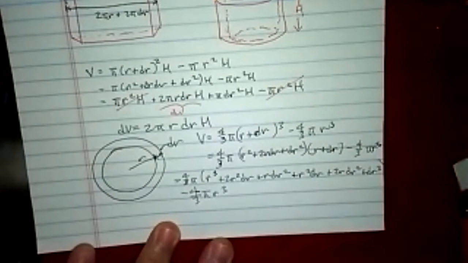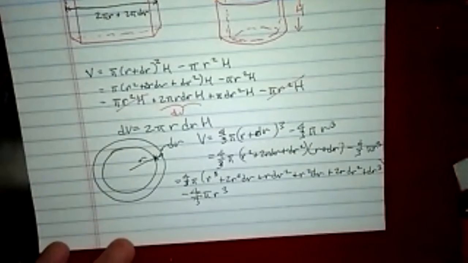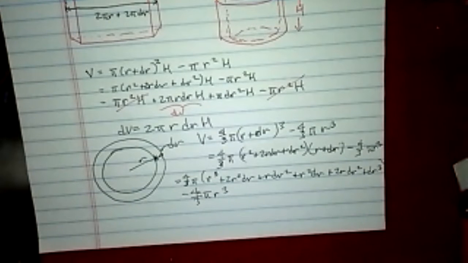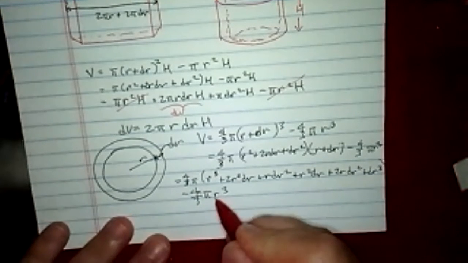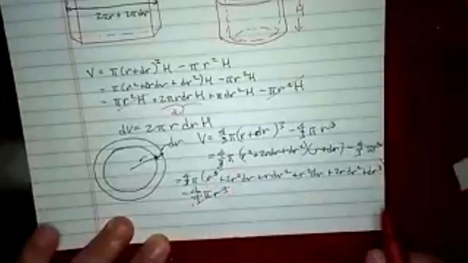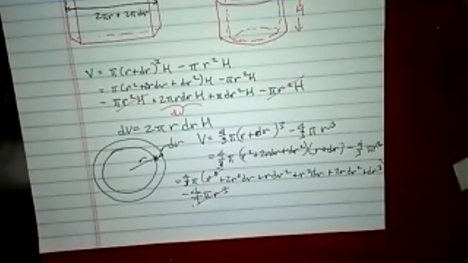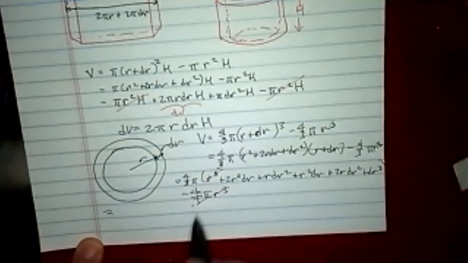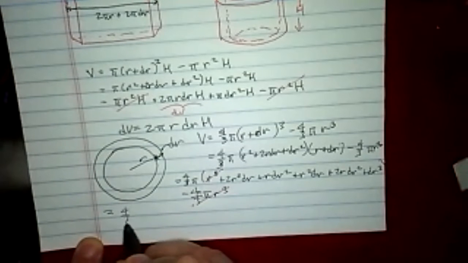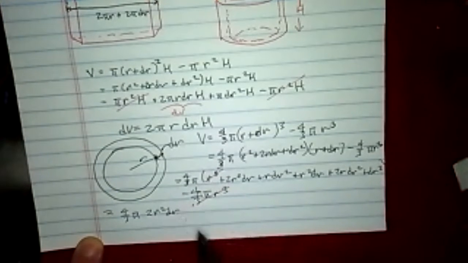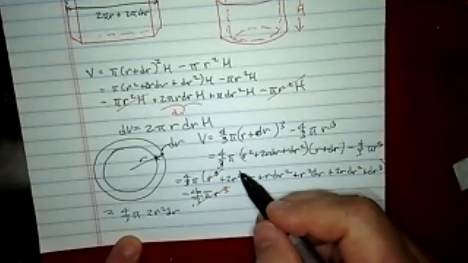Okay, that's just the first term, so I still have minus 4/3 pi r cubed. Now I have a common factor of 4/3 pi, and here you can see that clearly this 4/3 pi r cubed is going to cancel out with that 4/3 pi r cubed. But what is left is, in fact, 4/3 pi times 2r squared dr. So that takes care of that term.